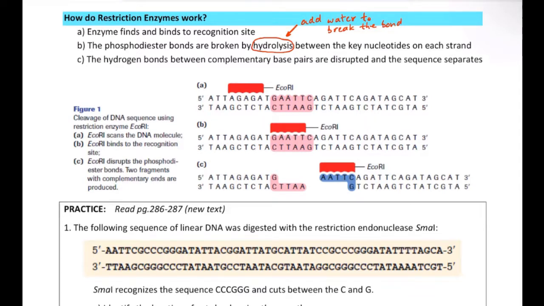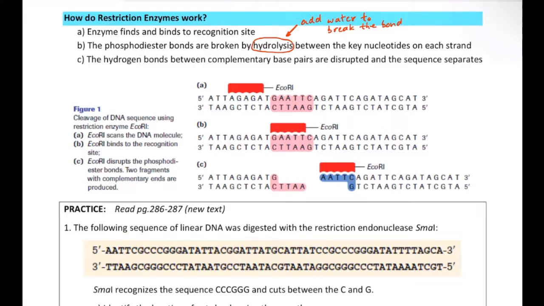And it has to be between the right nucleotides. And then because the hydrogen bonds don't have the big phosphodiester bonds holding everything together really nicely, they're pretty easy to make fall apart because they're just weak little attractions. They're not real bonds, right?